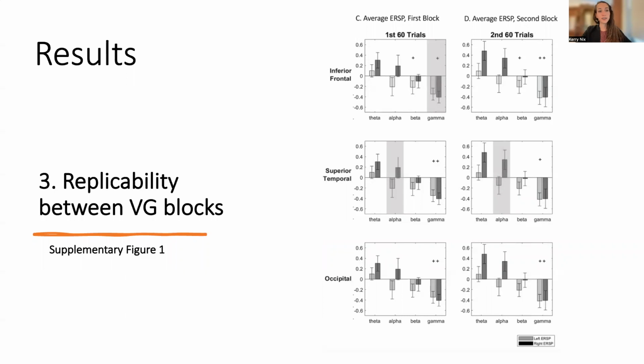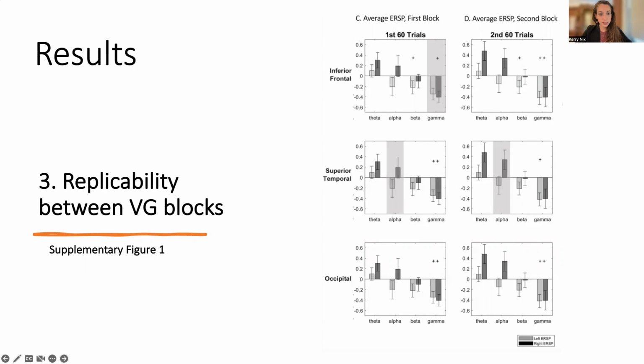Okay, now was there replicability between verb generation blocks? We do see left inferior frontal beta ERD and alpha ST asymmetry when analyzing each verb generation block separately. So here, it's consistent, and this left ERD here is consistent, as well as diffuse gamma ERD in most ROIs.